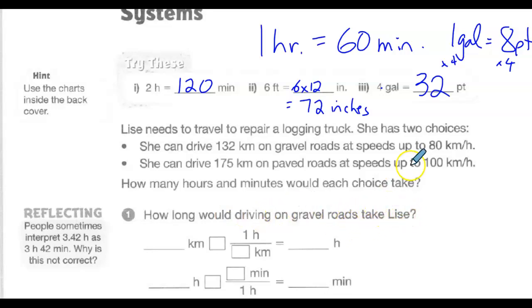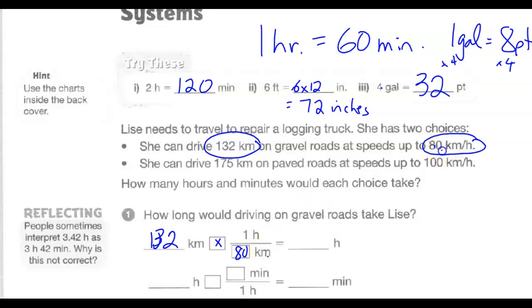Okay, so gravel roads, this is the distance, and this is the maximum speed she can go. So remember from the last section, we want to divide these, or multiply by 1 over 80. So we take 132 kilometers and multiply by 1 over 80, because in 1 hour she can go 80 kilometers.